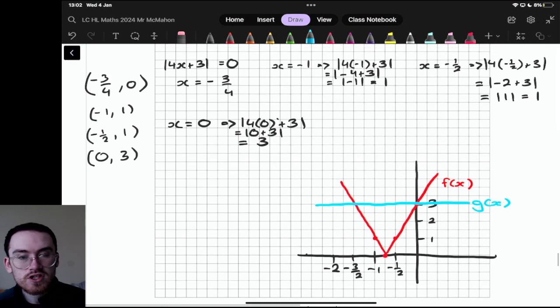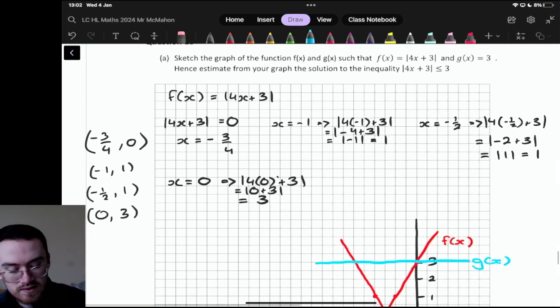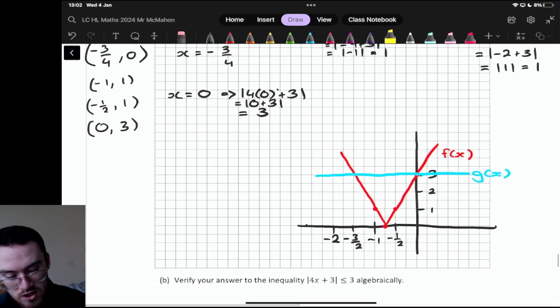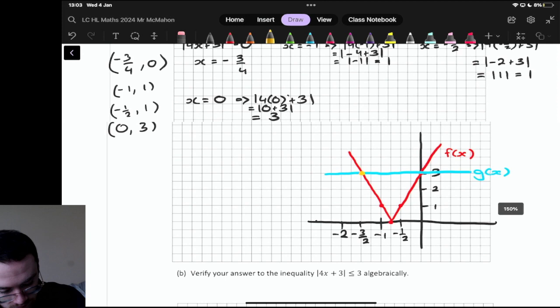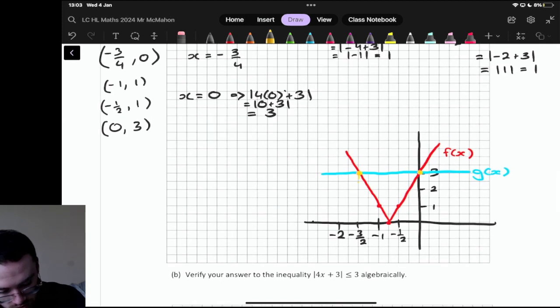Then we were asked to use our graph to find the solution to the inequality: the modulus of 4x plus 3 is less than or equal to 3. So to do that, we're going to look at where these graphs cross over. So here and here. We're going to draw our dotted lines down, and we're going to take note of these points.